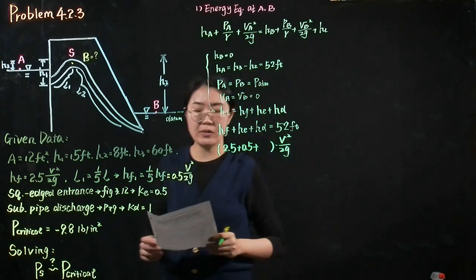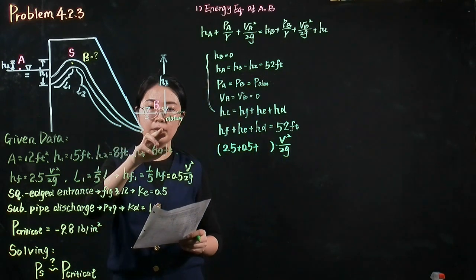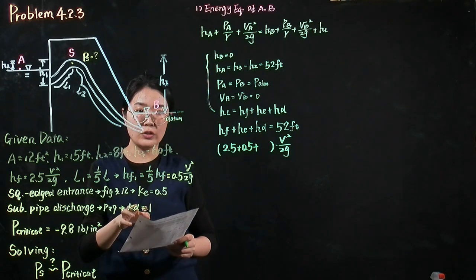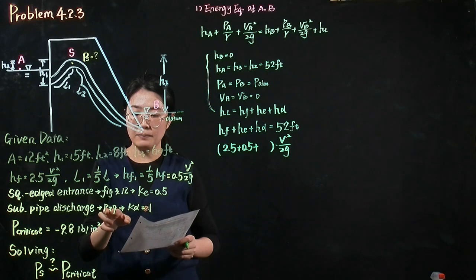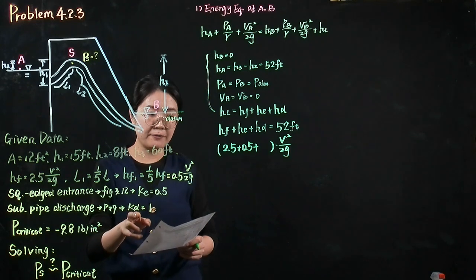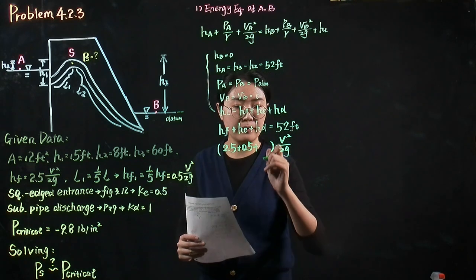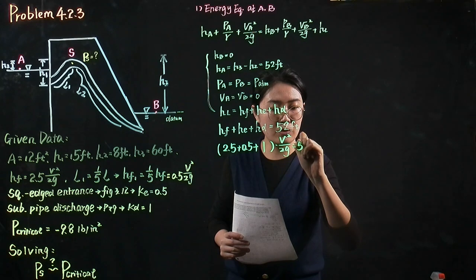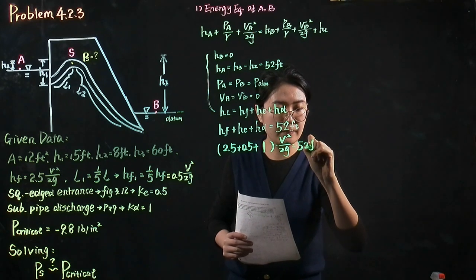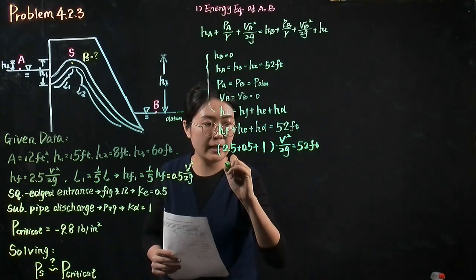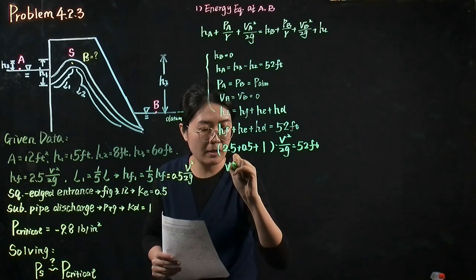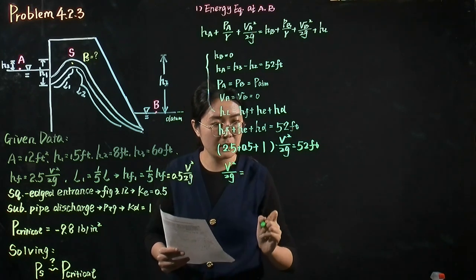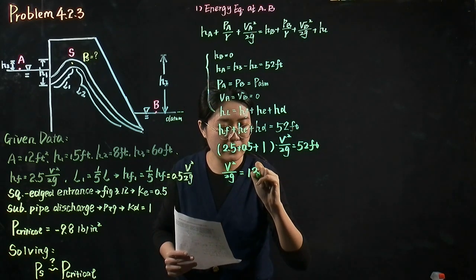And because there is a submerged pipe draining the water into the downstream reservoir, there is a discharge loss. On page 79, we can find its coefficient equals 1. So this equation equals 52 feet. Then we can get the value of the velocity head. It equals 13 feet.